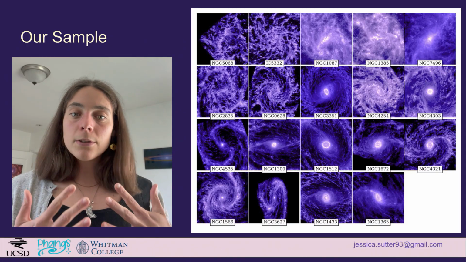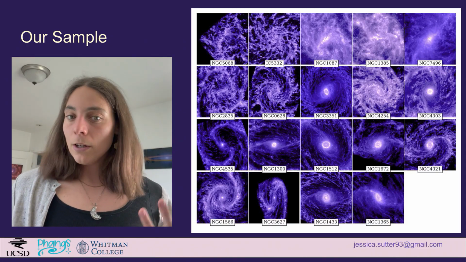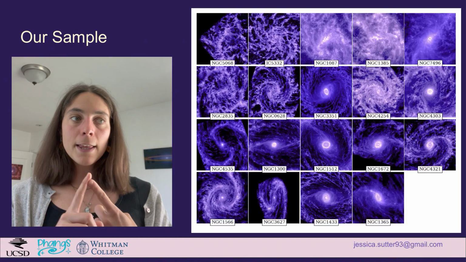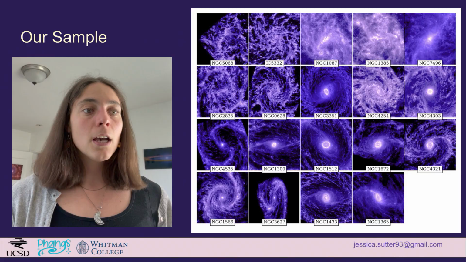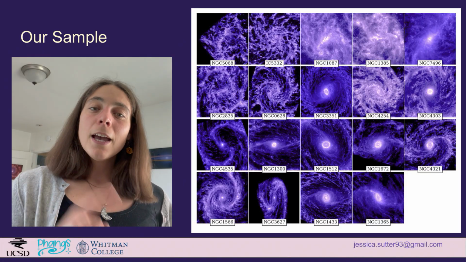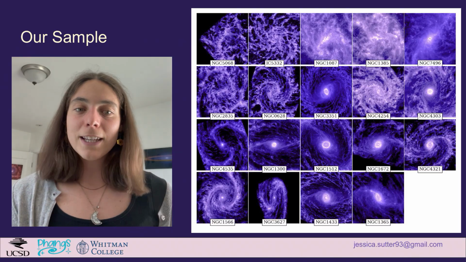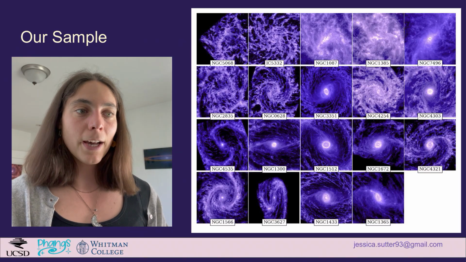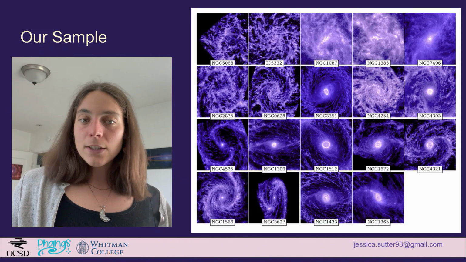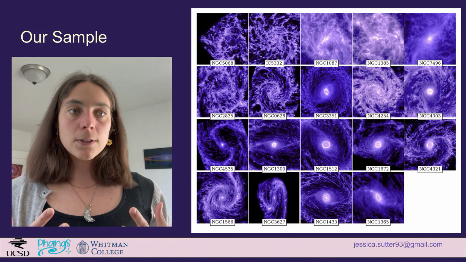They're all pretty close to face-on, and they're pretty much all star-forming spiral galaxies. Now we do have some irregular galaxies like NGC 5068, some barred spirals like NGC 1300 and NGC 1512, and even one galaxy that we know is an AGN, so NGC 1365, as well as a few others that are believed to host AGNs. We have a wide range of galaxies even within these first 19.